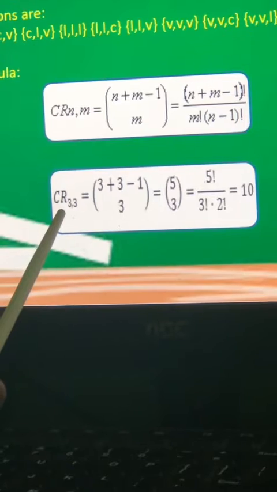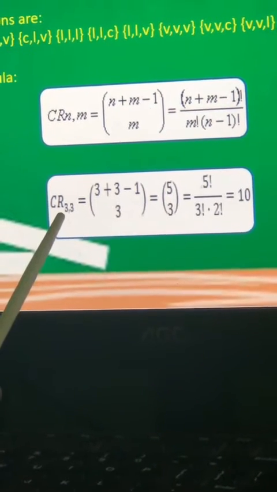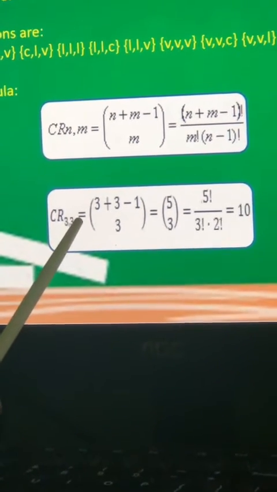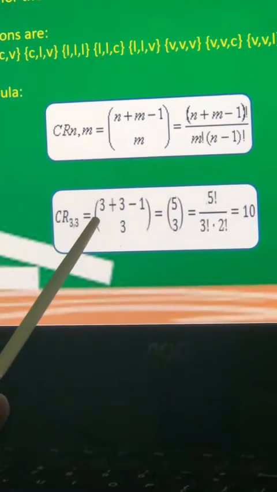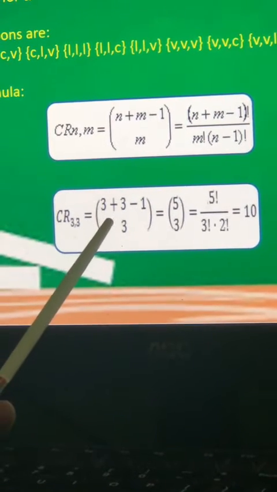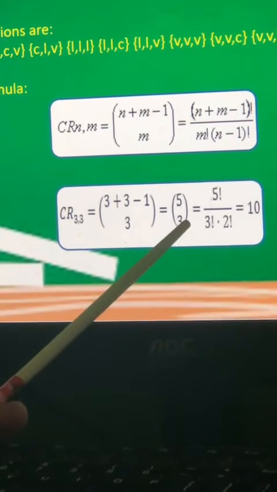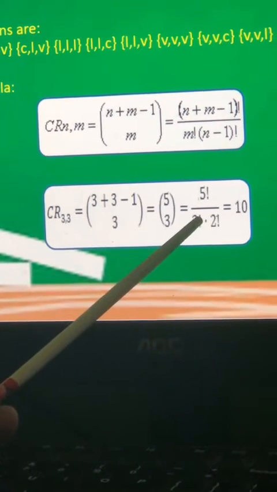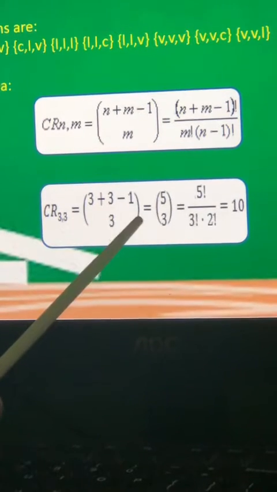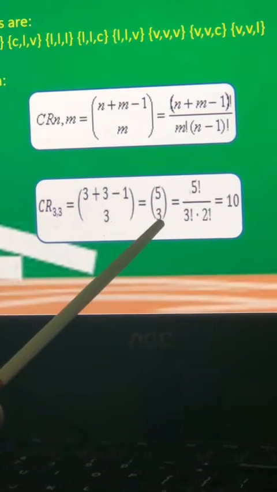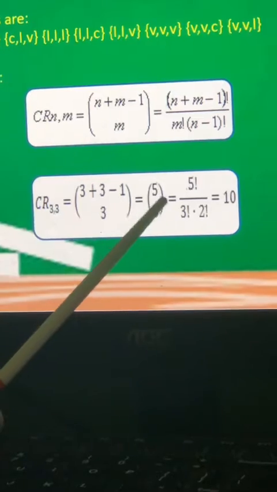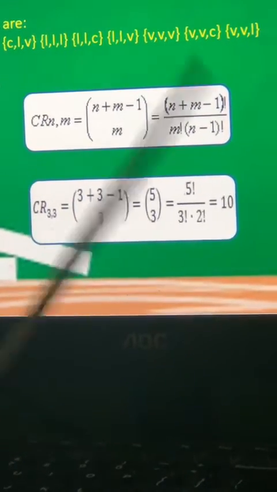CR sub 3, 3 equals (3 + 3 - 1) over 3, which equals 5 over 3, and equals 5! over 3! times 2!, which is equal to 10.